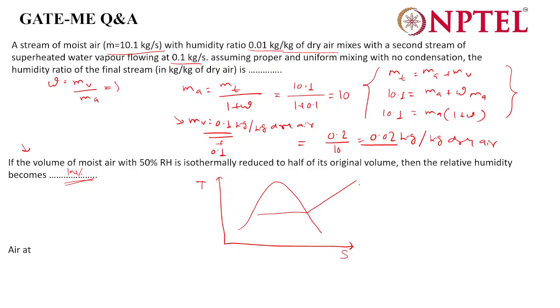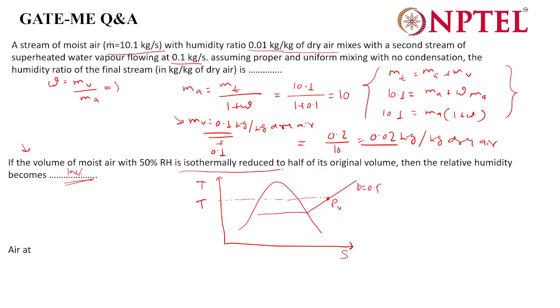Let's suppose phi is 0.5 here, and some pressure PV is there. It is isothermally reduced. Let's suppose this is our initial temperature T. Isothermally reduced to half of its original volume.